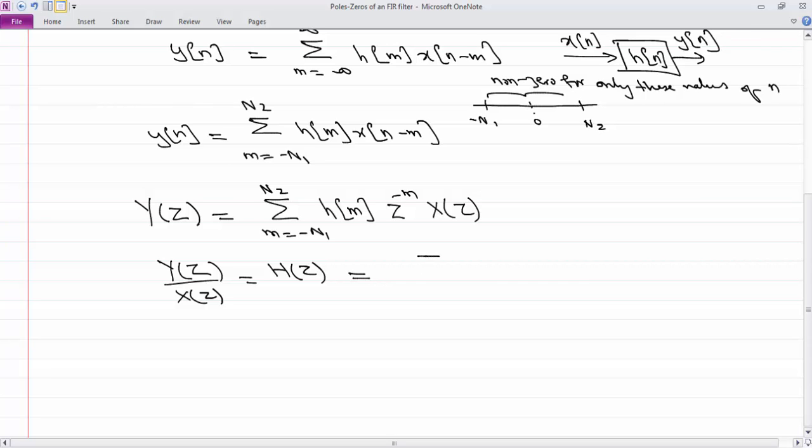And that is given by summation m from minus N1 to N2, h of m, Z to the minus m.